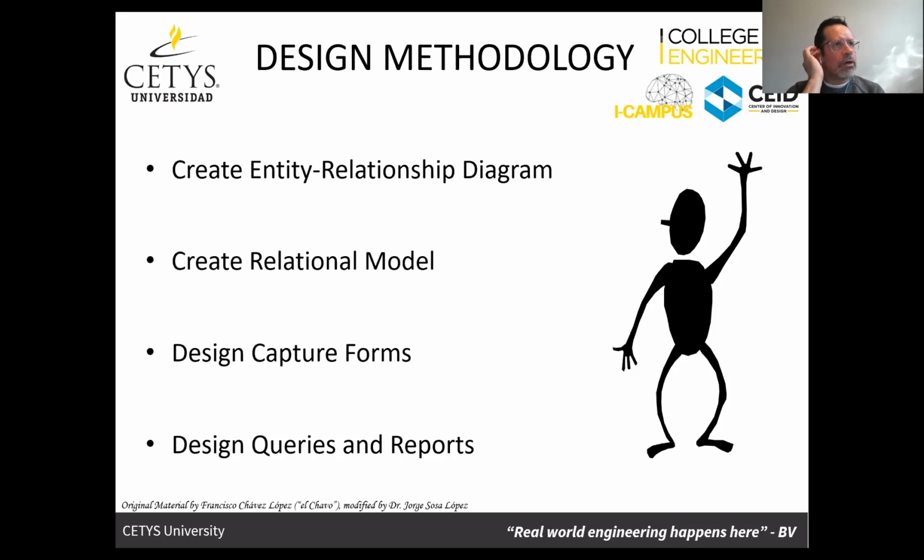And that can be done through a graphical representation. And we're going to see that in information systems development, there's going to be graphical representations of the conceptual designs. And this is called the entity relationship diagram. We're going to learn how to do that. Based on that, we're going to create the relational model, which is basically the conceptual model as to how the different entities in our database and the data contained within them relate to each other.